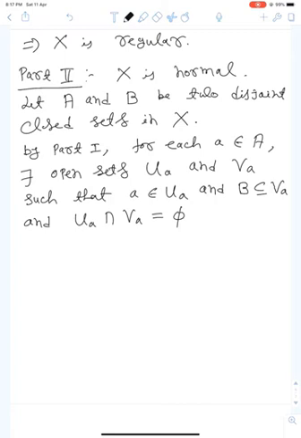Which is equivalent to saying that X is regular, right? That means the point a and the closed set B are separated by open sets.